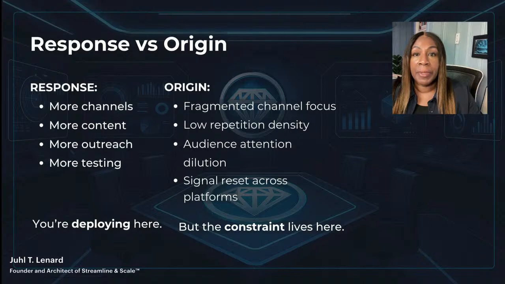We have low repetition density. So because we're spreading across 4, right, we're not getting the same density. The audience attention is diluted, and the signal is resetting across platforms. So you're deploying based on the misdiagnosis, but the constraint lives over here in demand.